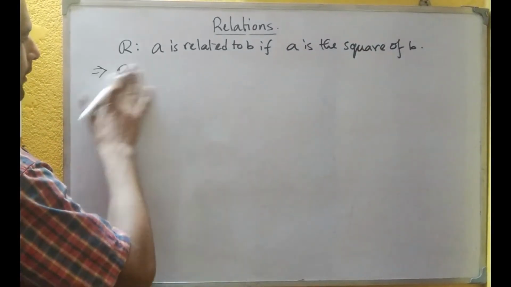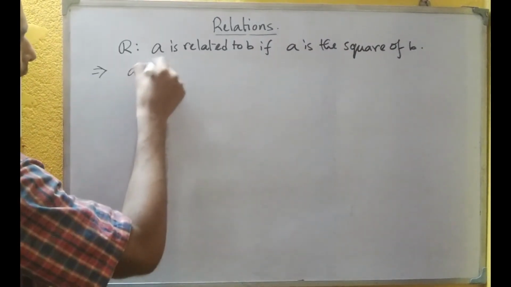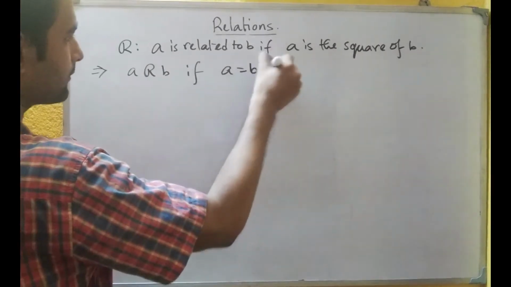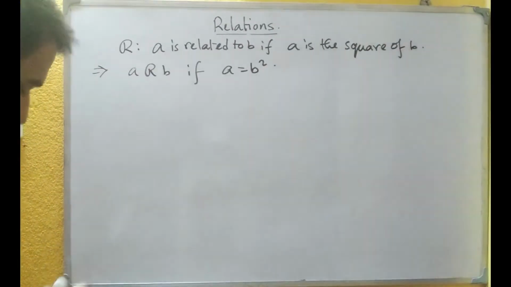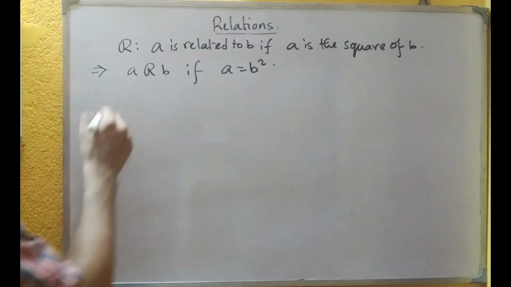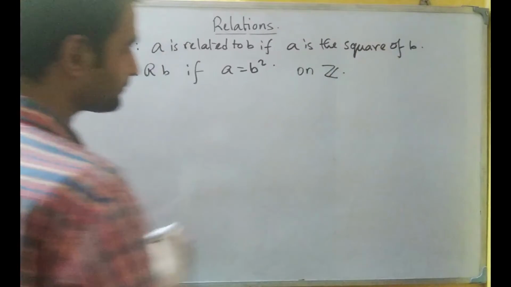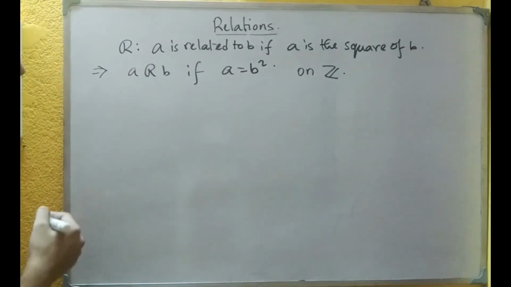We can write A R B if A is equal to B square. And suppose we are defining this relation on Z, the set of integers.